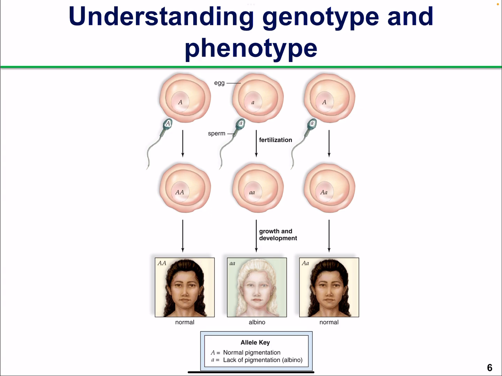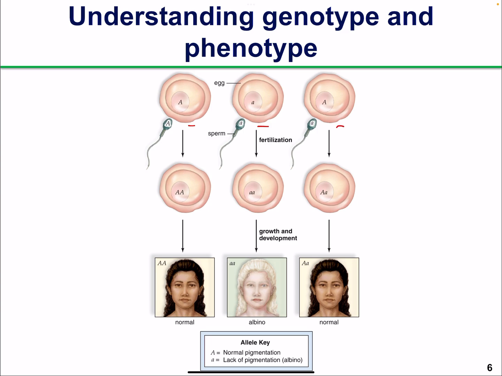Okay, so how do we come up with a genotype that ultimately is going to be converted into a phenotype? Well, we looked at meiosis, and specifically spermatogenesis, which is the formation of sperm cells, and oogenesis, which is the formation of egg cells. Now we have an egg cell, another egg cell here, another egg cell here.